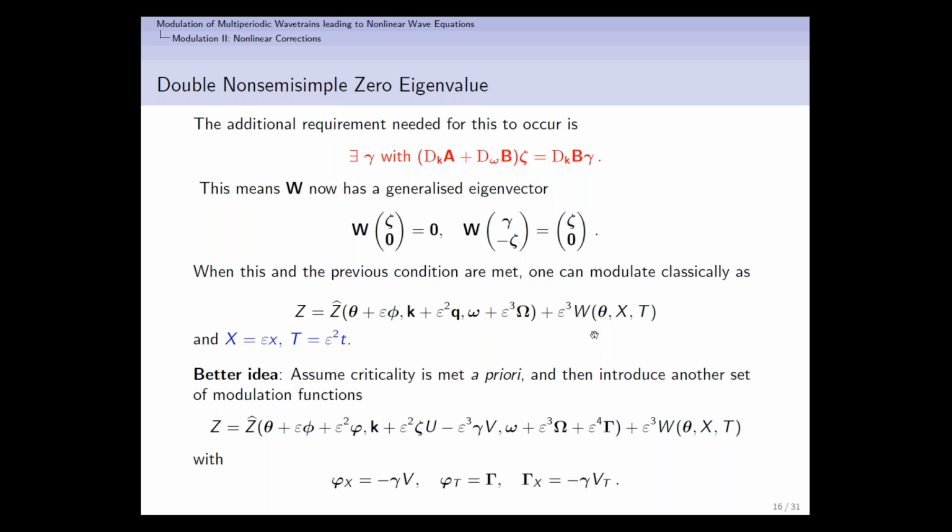However, that means you're going to end up with so many terms in this W. When I was first doing this, I lost faith a little bit. So what I did was I came up with the idea that instead of just having one set of modulation functions, you introduce a second set, this varphi, it's V with gamma, and that's with some foresight, and this capital Gamma over here.